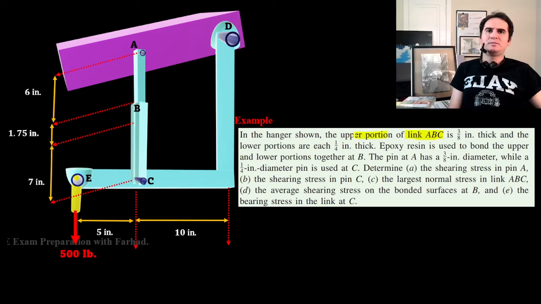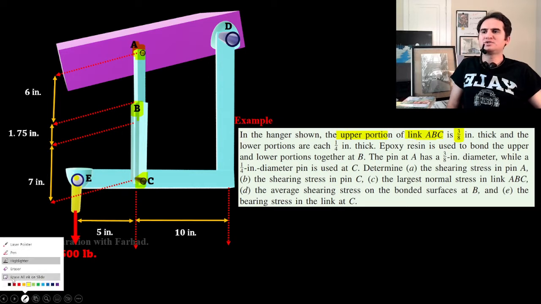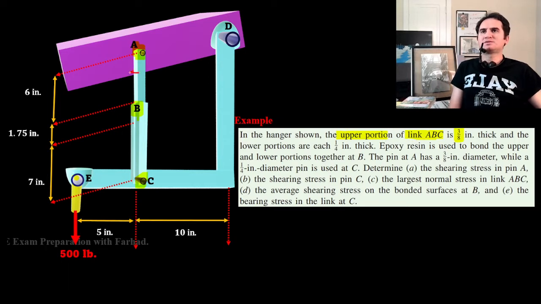We have an upper portion of link ABC and a lower portion. The thickness of the upper part is 3/8 inches, and each of the lower parts is provided to be 1/4 inches in thickness.